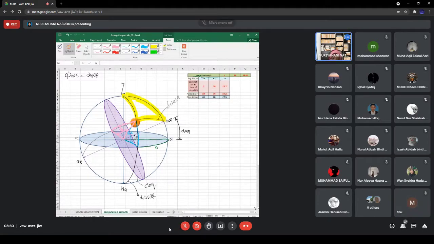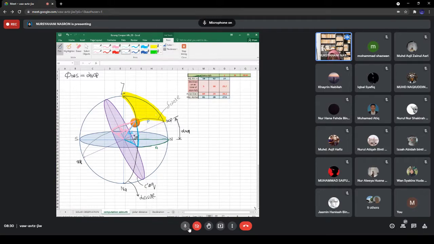Okay, this is the astronomical triangle. From the astronomical triangle, we got the polar distance. So what are the parameters of the astronomical triangle?